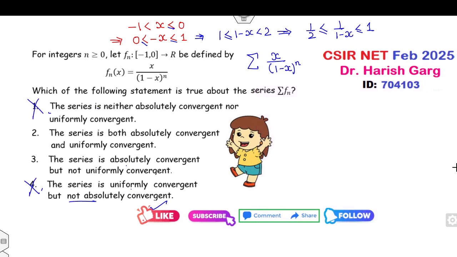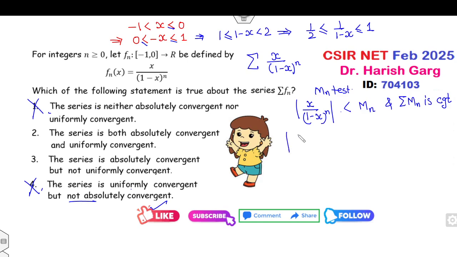Now, for uniform convergence, whether it is uniformly convergent or not. Firstly, we will check pointwise convergence, or I can use the Mn test. For the Mn test, we start with the modulus value. If I prove that it is less than Mn and the series of Mn is convergent, then this is uniformly convergent. So our target is to find the value of Mn.